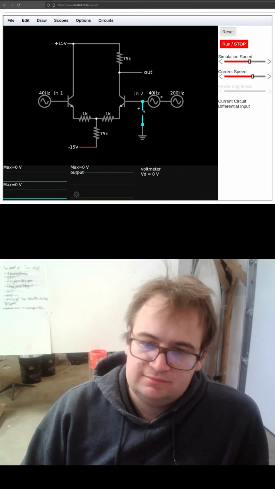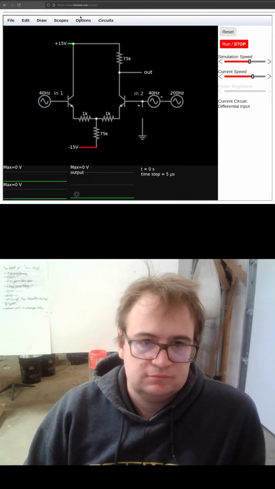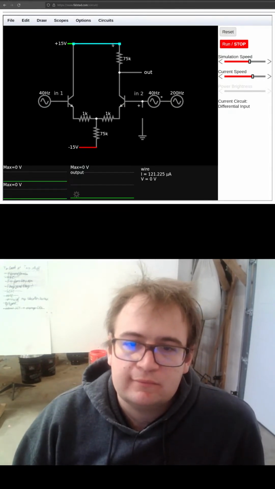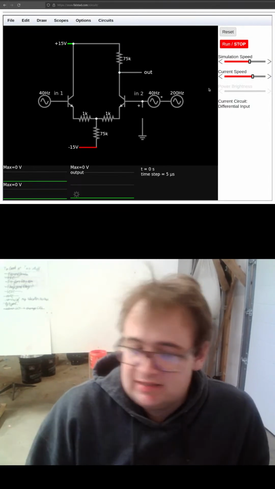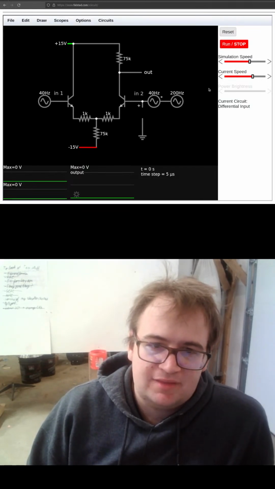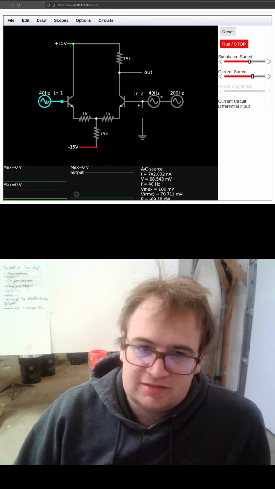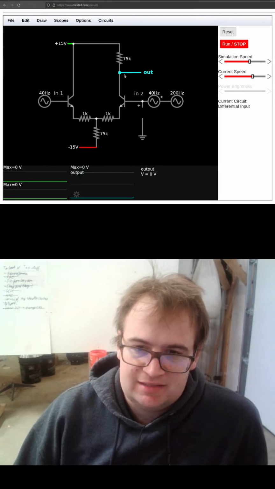I like this. The voltmeter. So a differential amplifier, as in the name, amplifies the difference between two inputs. So whatever is here and different from this, then this will output it.